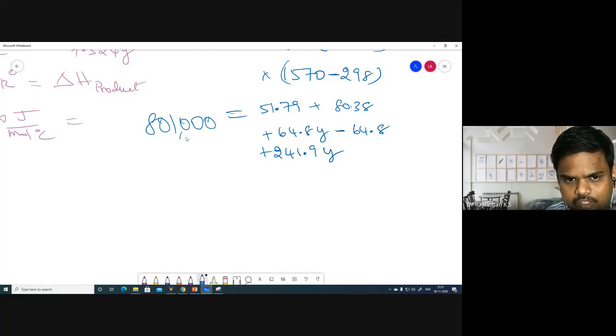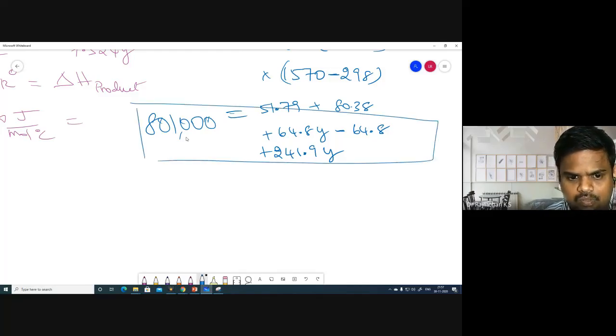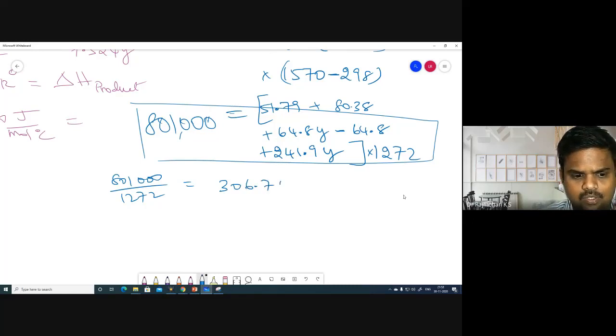Okay, so now we have an expression. Simplifying for y, you will get the answer for y. You have delta T here, don't forget, into delta T, which is 1570 minus 298, almost 1272. If you take it to the left hand side, you have 801 by 1272 equal to, simplifying for y, 306.7 into y plus 67.37.